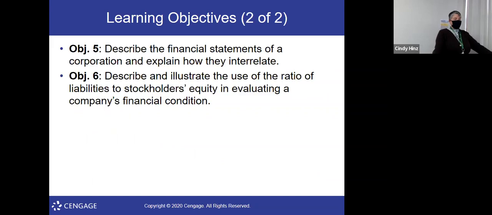So chapter 1 really is the outline or the framework that's going to provide the foundation for everything else we do for the rest of the semester. We're going to talk about what financial statements are, describe the 4 financial statements that all companies use, how they use them, and why they do them in the first place.